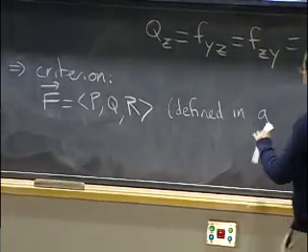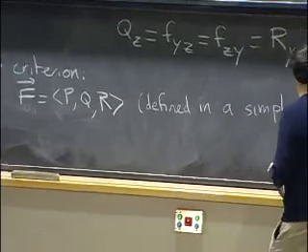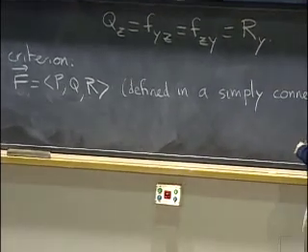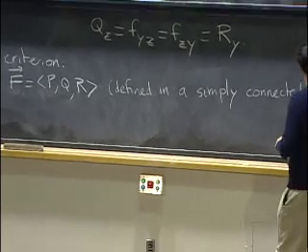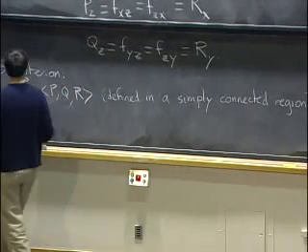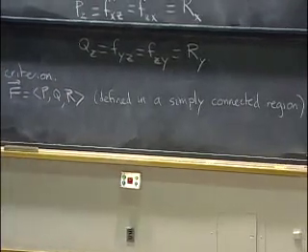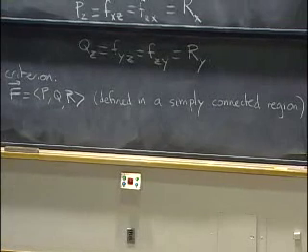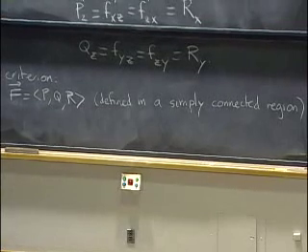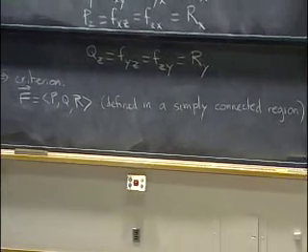So let's not worry too much about it, but just for accuracy, we need our vector field to be defined in a simply connected region. And that means, for example, an example is just if it's defined everywhere. If you don't have any evil denominators, then you can just go ahead, there's no problem.